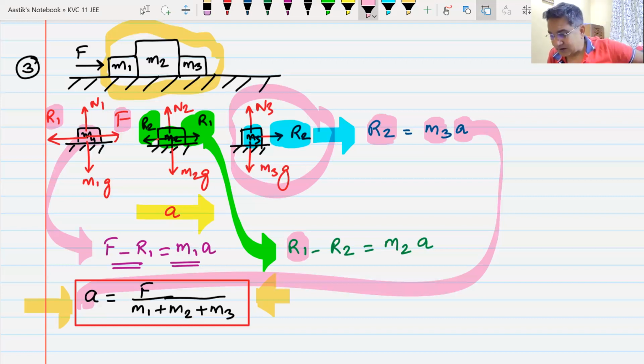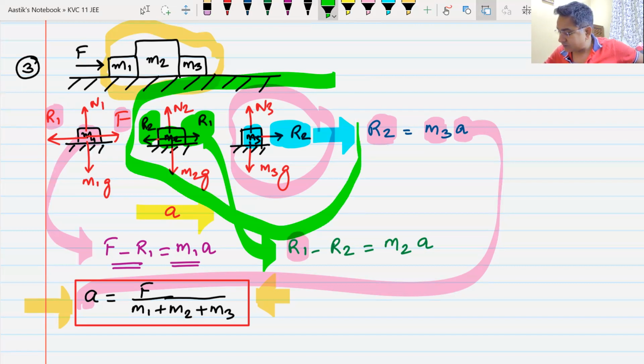The only thing that remains now is to find out the value of R1. How do I get the value of R1? To get the value of R1, you can take M2 and M3 as one system.